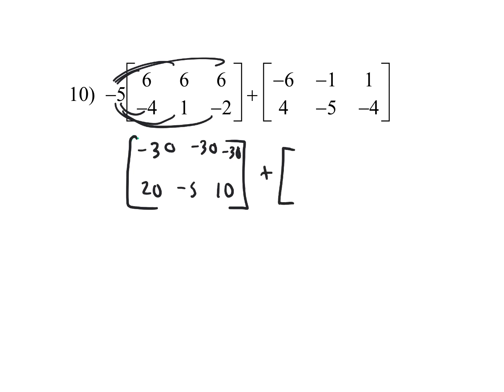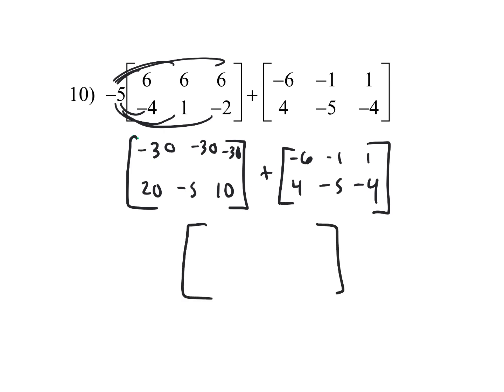So I'm going to add that to my second matrix. I'm just going to write it right below so it's easier for me to see when I add it. All right. Ashton, what should I add first? What's -30 plus -6? -36.